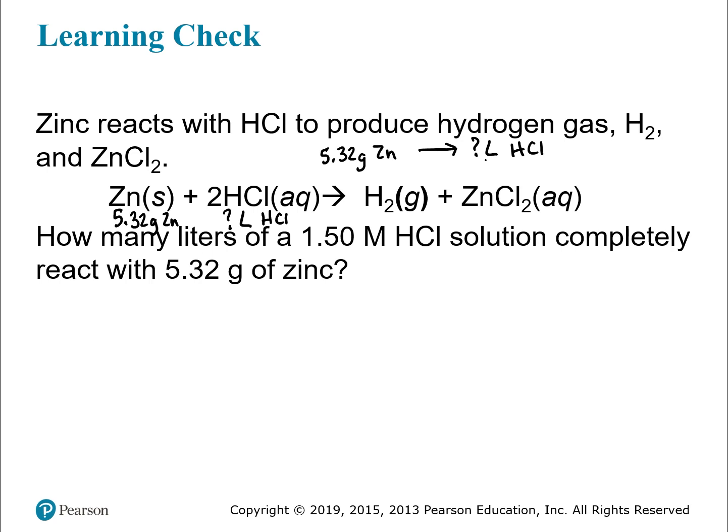Don't get confused. This is liters, but we're talking about an aqueous solution. In chapter 7, we were talking about liters in terms of gases. But here, we're talking about liters in terms of the volume of an aqueous solution. What we have to do is go from the grams of zinc to the moles of zinc, and that's using the molar mass.